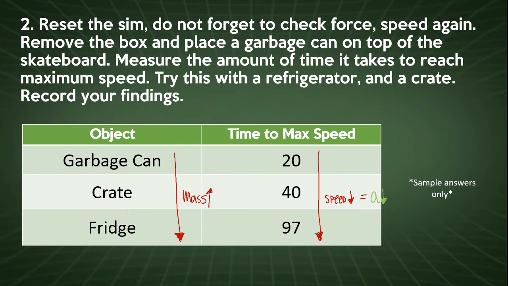Okay, which means, simply put, that if an object has a higher mass, we have lower acceleration, which makes sense because a higher mass, mas mabigat yung isang bagay, will be harder for you to accelerate or to push.